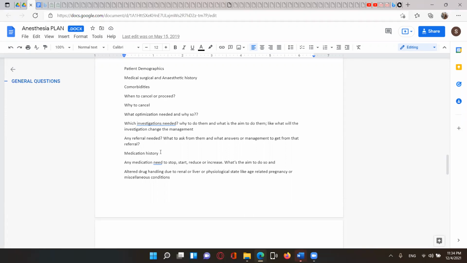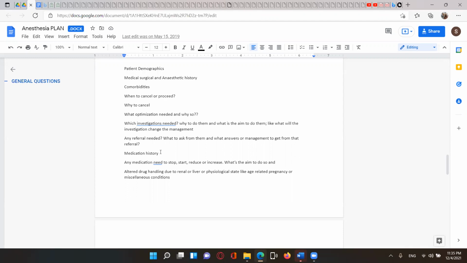Then electrolytes: any condition in which there is an expected change in sodium, potassium, calcium, such as use of diuretics or any clinical condition with disturbance. If the patient is taking any drugs which can damage the liver, you will do a liver function test.